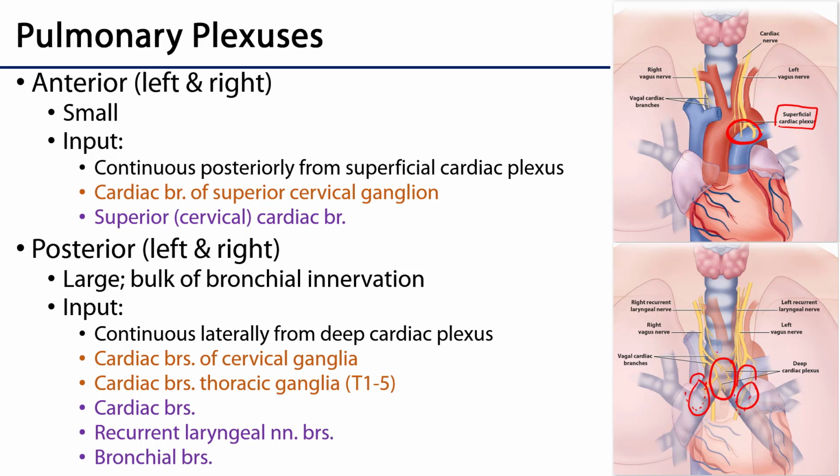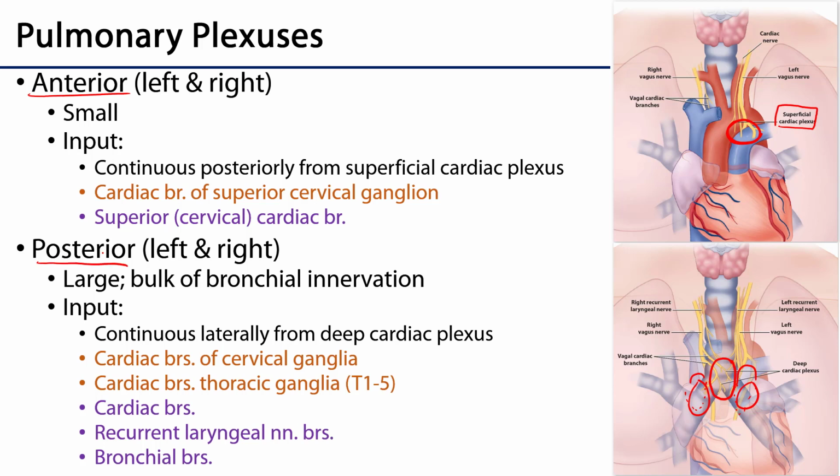And so we'll have continuity between the cardiac plexuses and the pulmonary plexuses, such that it would be nearly impossible from a gross perspective, even with the most perfect dissection, to decide if a fiber was of the pulmonary plexus or of a cardiac plexus. Now, there are two types of pulmonary plexuses. There are anterior plexuses and posterior plexuses.